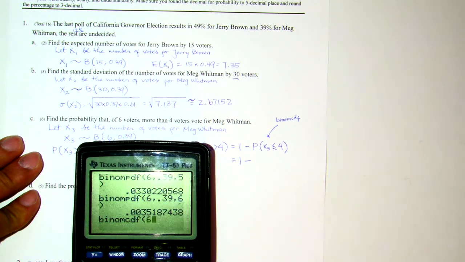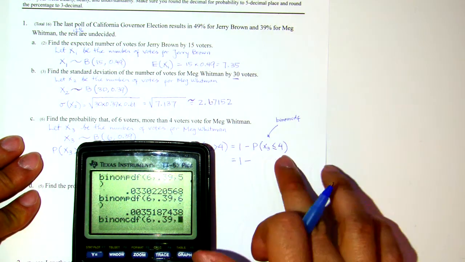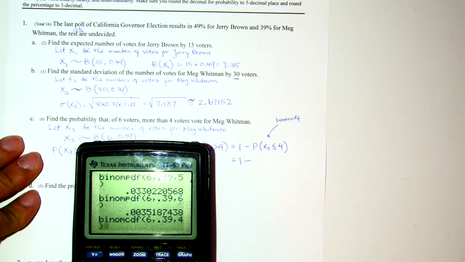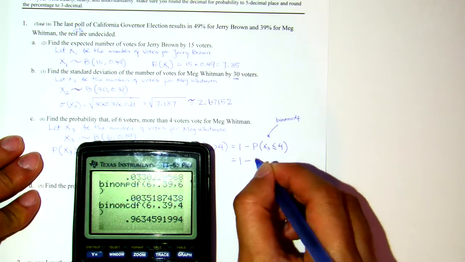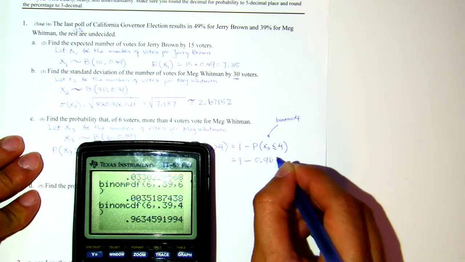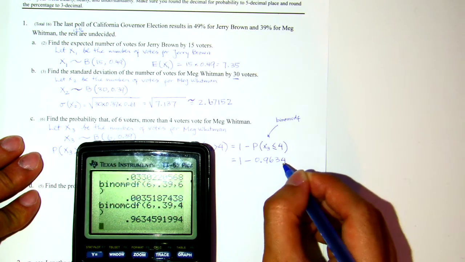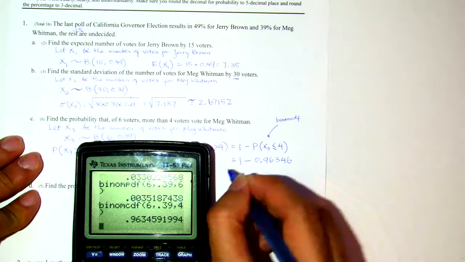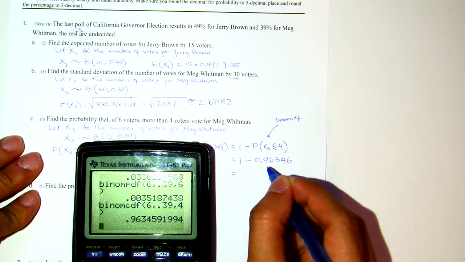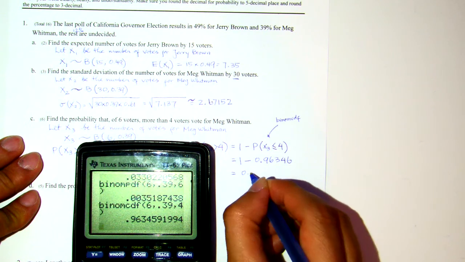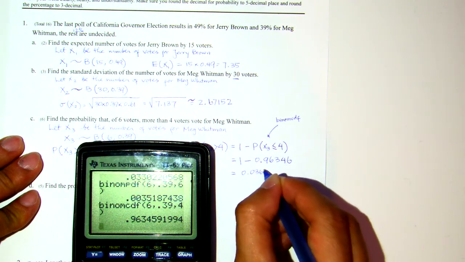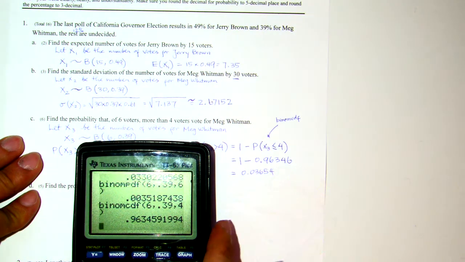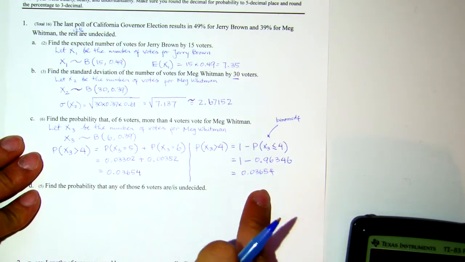The number of trials is 6, the probability of each success is 0.39, and you want the probability cumulative up to 4. That is 0.9635459, which I round to 6 places. If I subtract this from 1, that will be 0.03654, which is the same as that one.